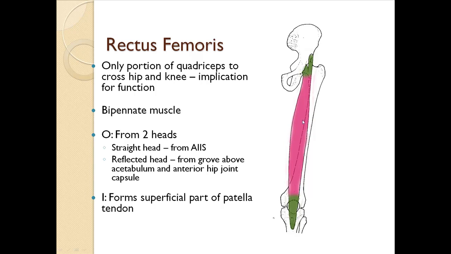It runs down and blends into the quadriceps tendon, forming the superficial part of this structure. It's the only portion of the quadriceps that crosses the hip and knee, and functionally this is important because rectus femoris will dominate when the hip is being forcibly flexed and the knee is being extended, for example in kicking a ball.